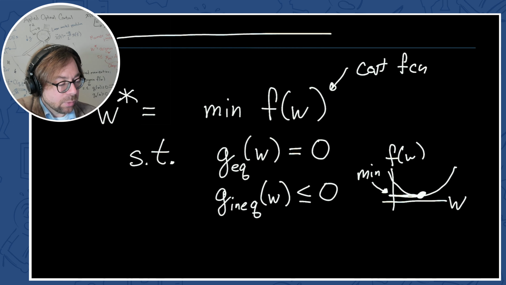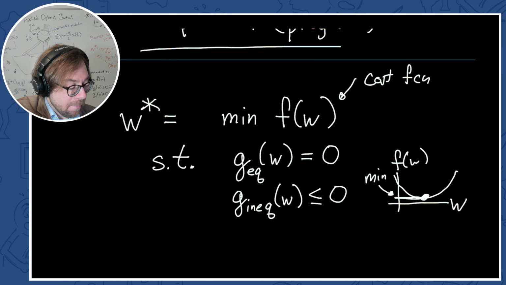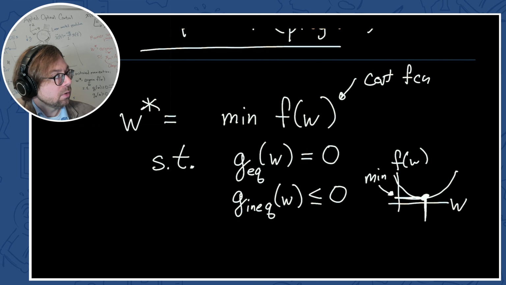However, when we're running an optimization problem, we don't necessarily want to know just what the minimum value of f is. What we really want to know is the value of w that gives you that. What choice should we make that gives us the best solution? That's typically what we want, right?